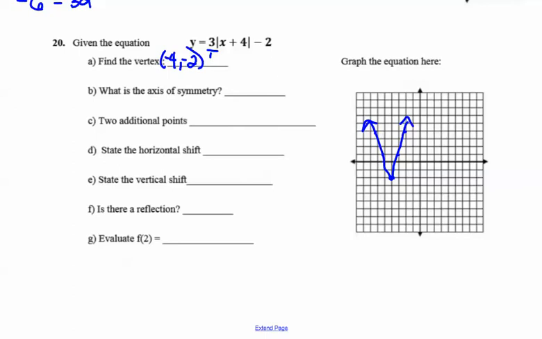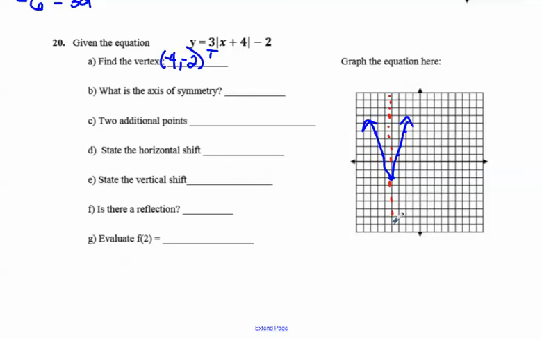The axis of symmetry is the line that goes straight through the middle of this function. And basically, the graph is symmetric to your axis of symmetry, meaning that if you reflected it across the axis of symmetry, you would see the same exact graph. So it's right here in the middle.